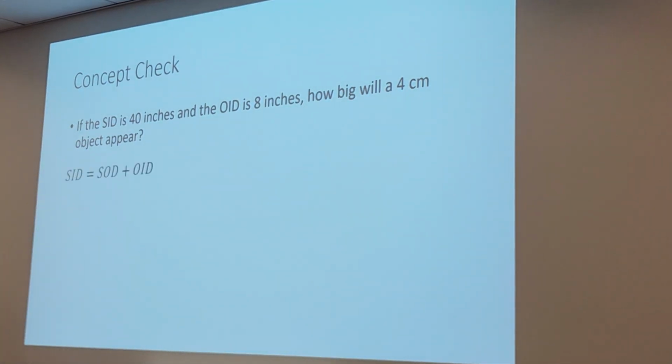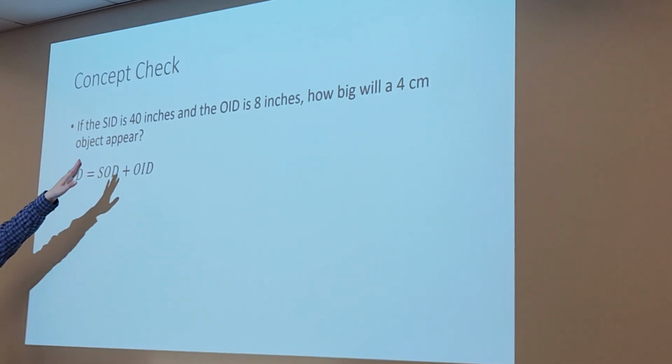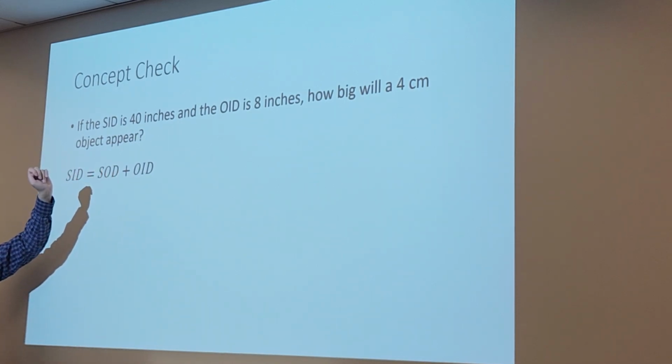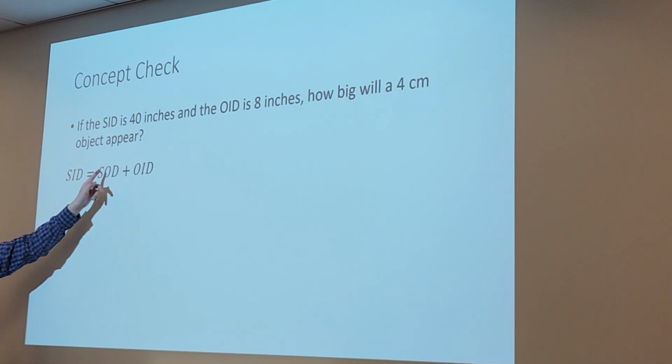So once again, we have OID. We need to get the SOD first. So SID minus OID should give us our SOD. So what is our SOD going to be?